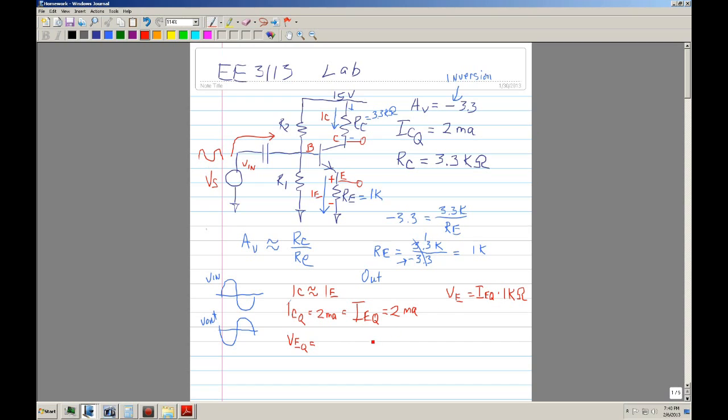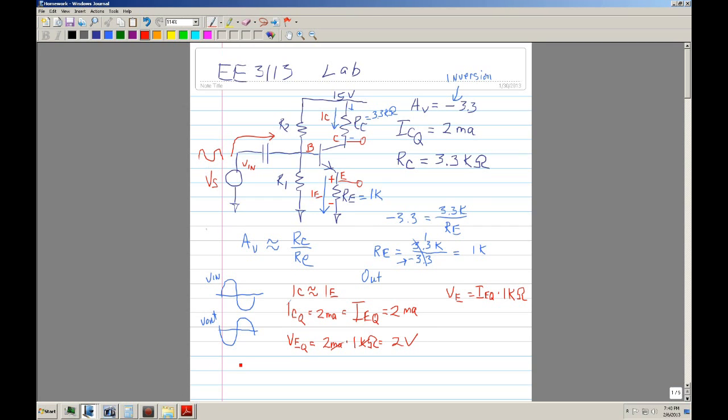IEQ is 2 milliamps, so we put 2 milliamps times 1K, the resistance of the resistor. The K and the milli cancel, so you have 2 volts.